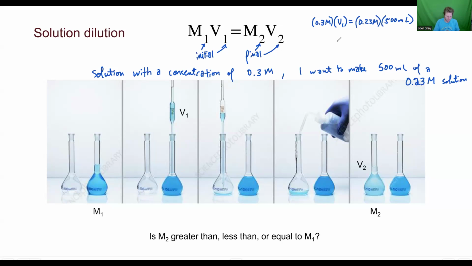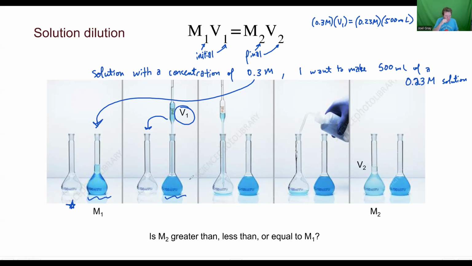This V1 is going to tell us a volume that we need to take from our 0.3 molar solution. And this right here is our, as of now, non-existent 0.23 molar solution. So what volume, what V1, do we need to take from this solution? Is it 5 milliliters? Is it 200 milliliters? We don't know, but we're going to find it out. And when we take it from there, we're going to put it in here.